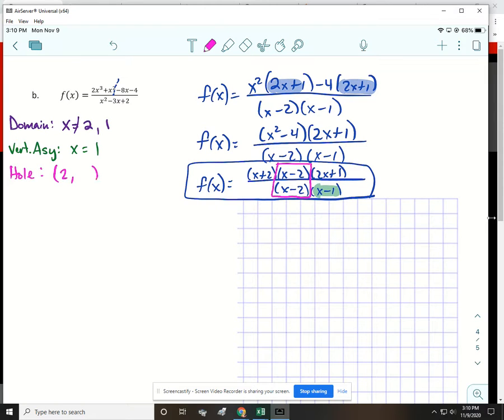So that's going to be the 2 part. Right? And then if I cancel that out, I plug 2 in. And I end up with the hole is all the way up at 220. That's why I gave you such a tall grid.